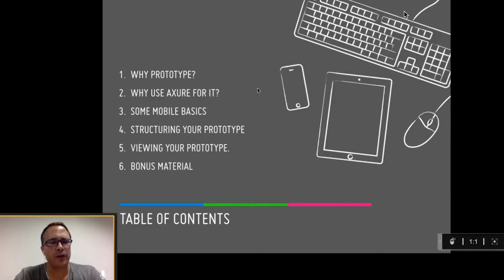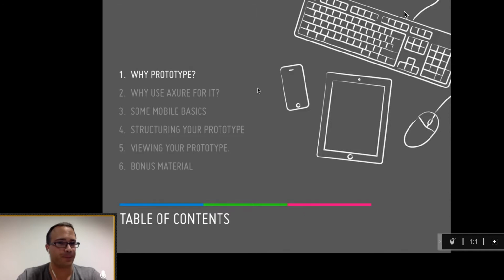Then I want to briefly go through some mobile basics and how they impact Axure, or how you build your prototypes. Then talk a couple of minutes about how to structure your prototype in Axure. The next one would be how to view it. And last but not least, if we still have time, I have some bonus material with me as well.